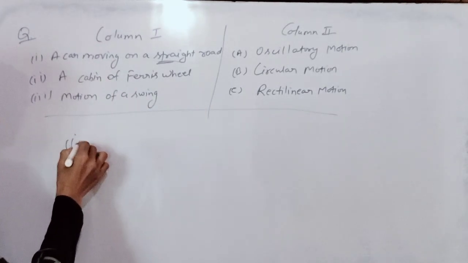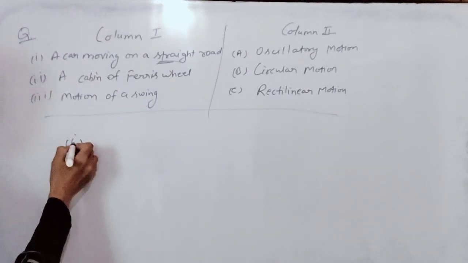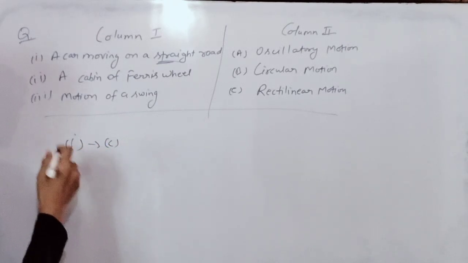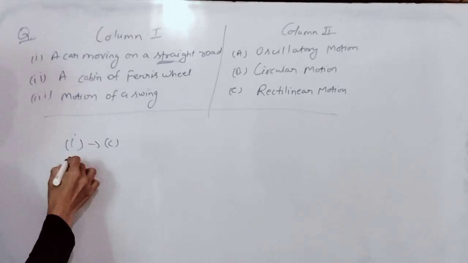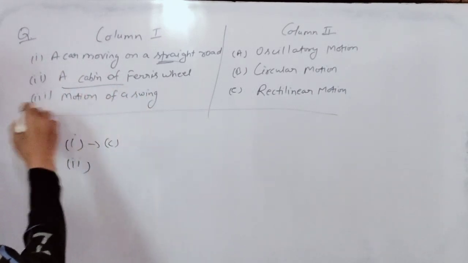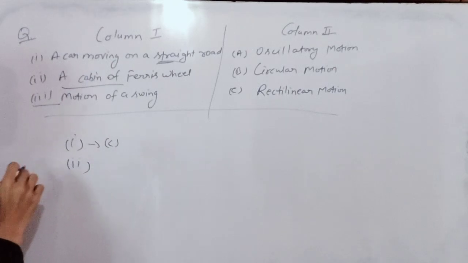So can you say A? One is a C. Okay. Now second, a cabin of a Ferris wheel. If you are not able to understand this, okay, leave it for a few seconds. Look at 3. Motion of a swing.